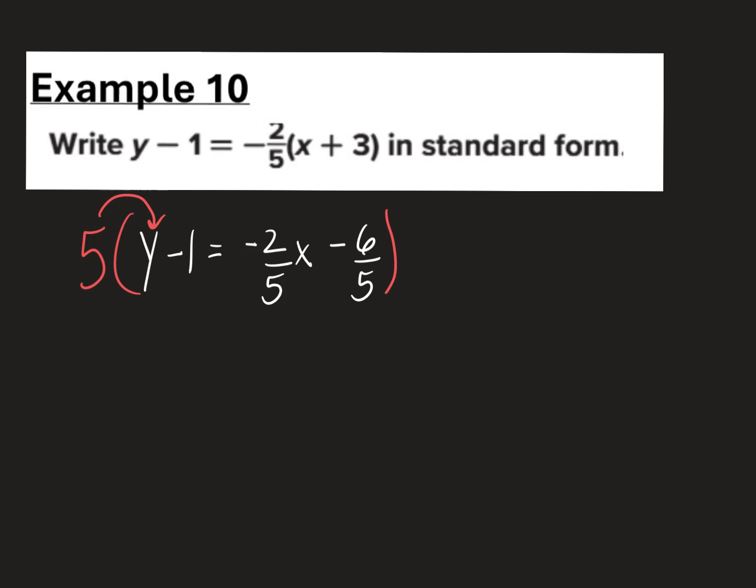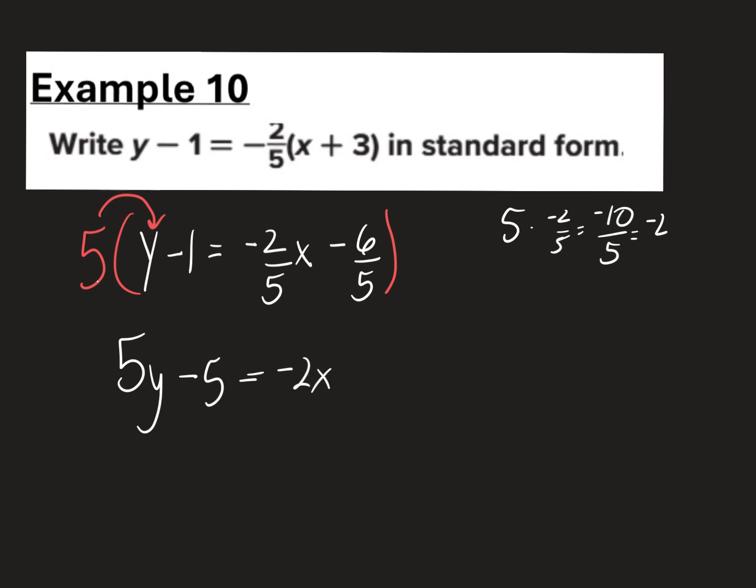5 times y is 5y. 5 times negative 1 is negative 5. 5 times negative 2 over 5 is negative 10 over 5, which is negative 2. So negative 2x. 5 times negative 6/5 is negative 30 over 5, which is negative 6.